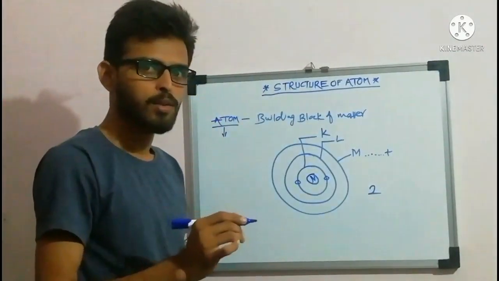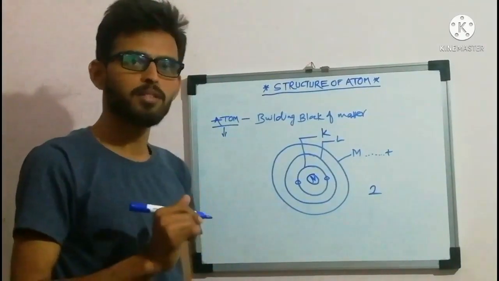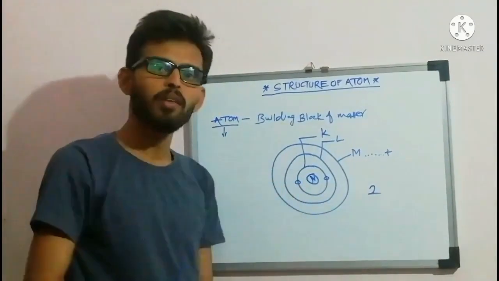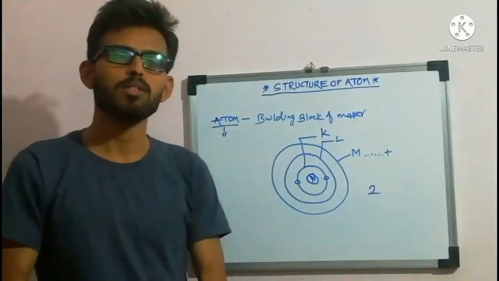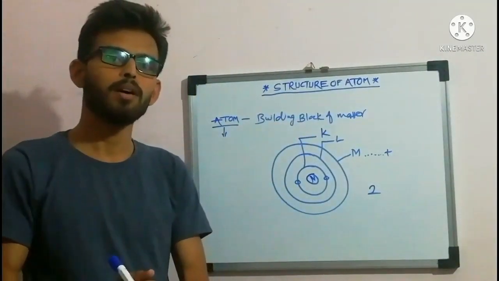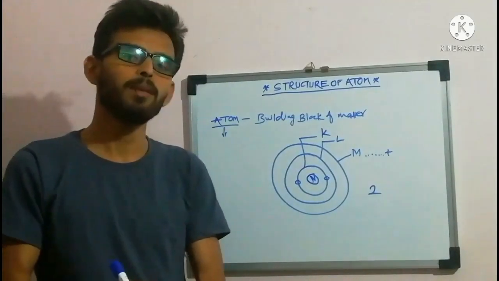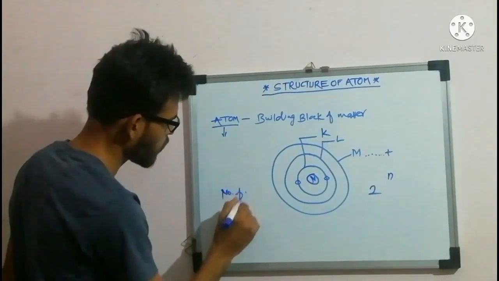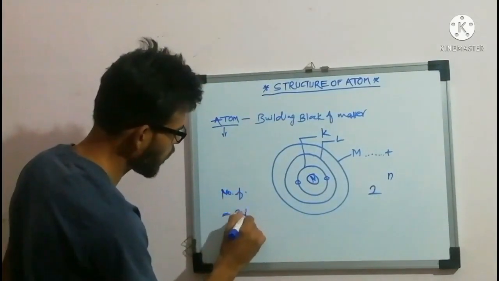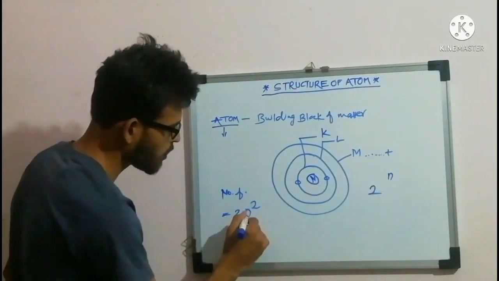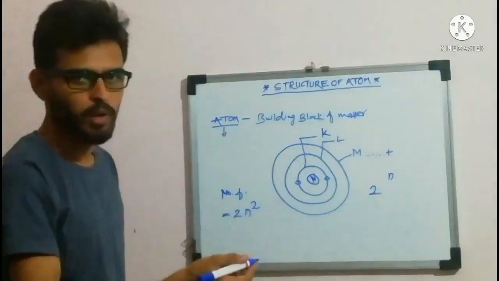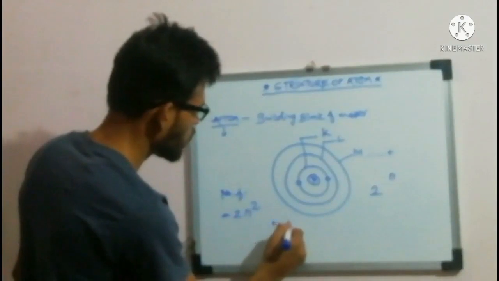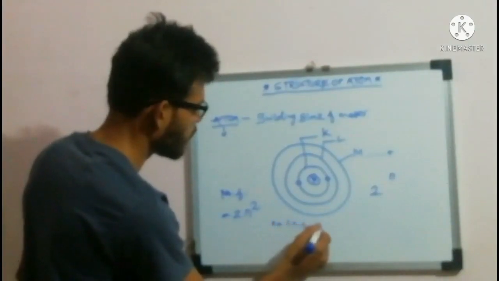This is proved by our scientists, and they have made a formula for how many electrons can revolve around the nucleus in a particular orbit. The number of electrons equals 2n squared, for example n equals 1, 2, 3, 4, 5.